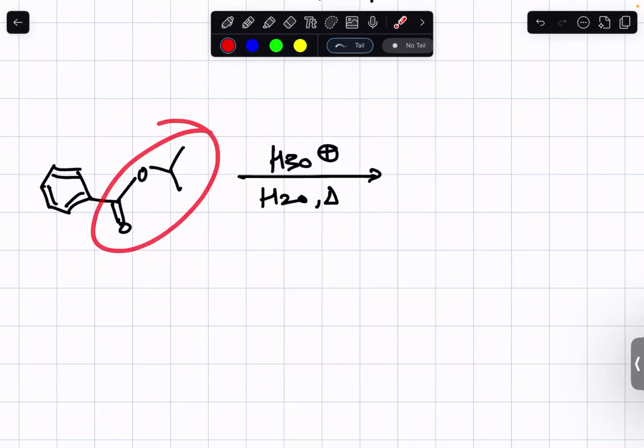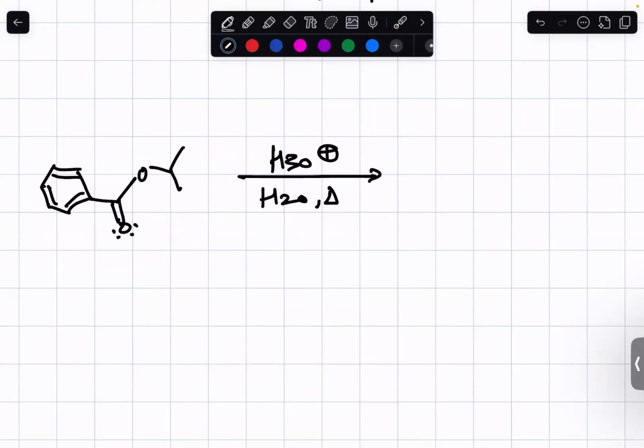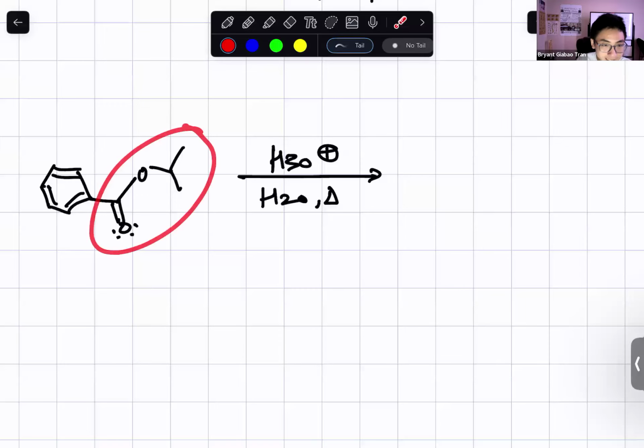What is the functional group on here? Wait, to help you, what is this functional group? Carboxylic acid. No, no, sorry. Ester. Yes. And is that a derivative of a carboxylic acid, one of the family members?